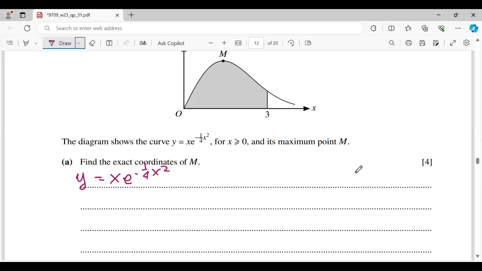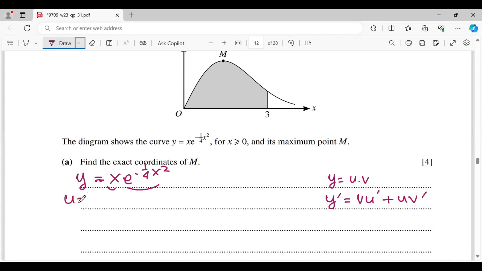So if y equals u times v, because there are two functions here, x and this function, it means derivative y equals v times derivative u plus u times derivative v.